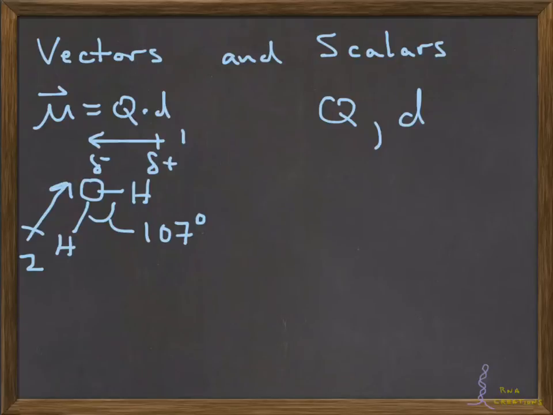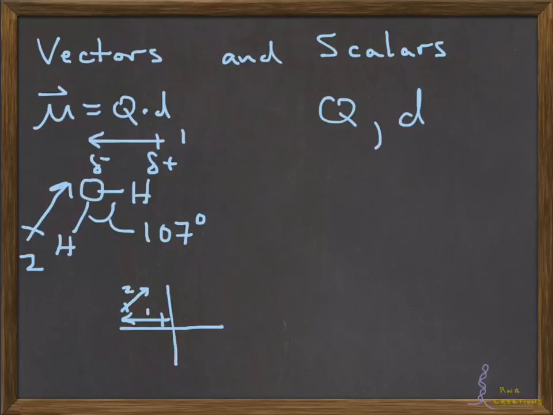Now we can add these together, and we'll take a coordinate system, and I'll take dipole 1 and drop it right here at the origin, like so. And then I'll take dipole 2 and I'll add it head to tail. I'm going to put this tail right there. This was 1. Here comes 2.